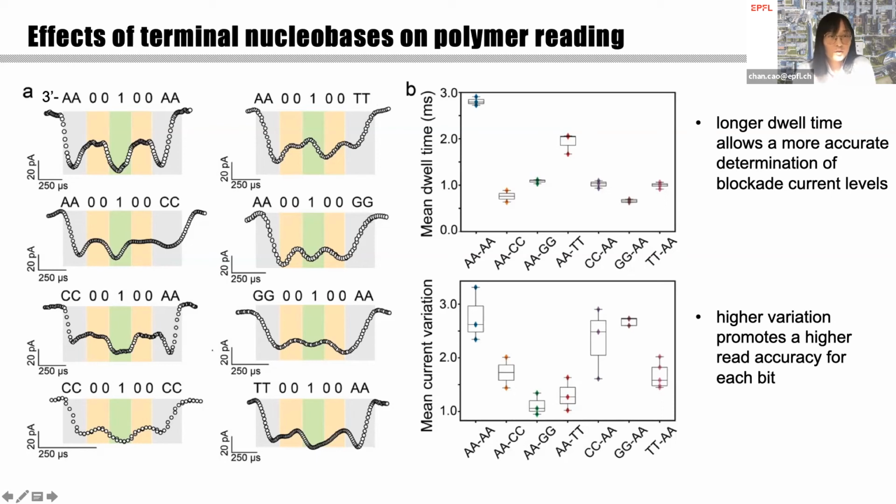If we compare the polymers in the left panel, you can see that if you replace with C at the 5' end, you have less current at that end. If you place it at the 3' side, you have less current at the 3' side. If you replace all of them with C, you basically lose the current at the beginning and the end. So it further confirms that the current from the beginning and the end comes from the nucleobase.